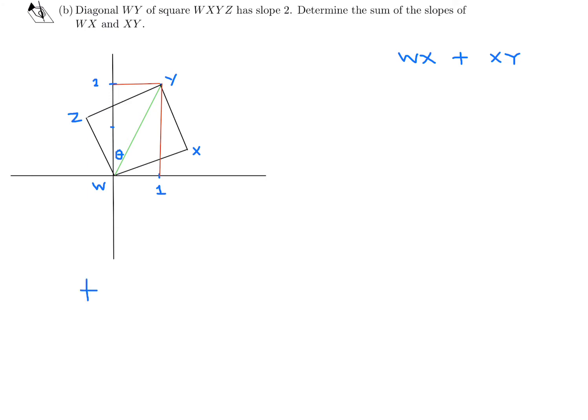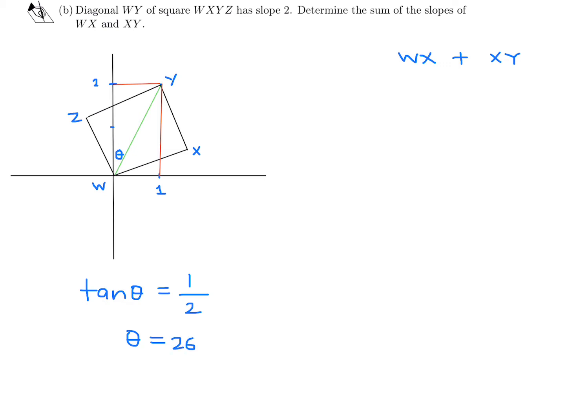Tan of theta will be 1 over 2. Opposite over adjacent. That's 2, since that's 2. So we are allowed to use calculators on the Canadian exam, so figure out theta.